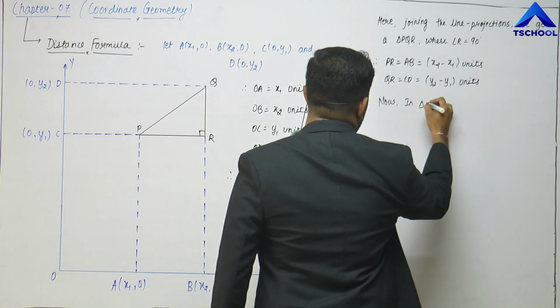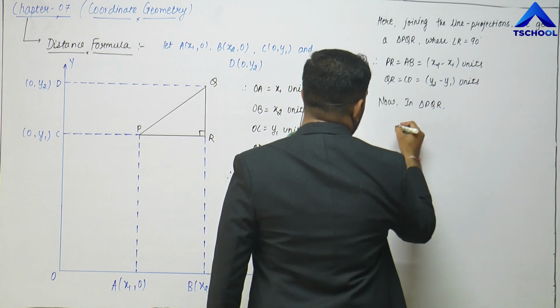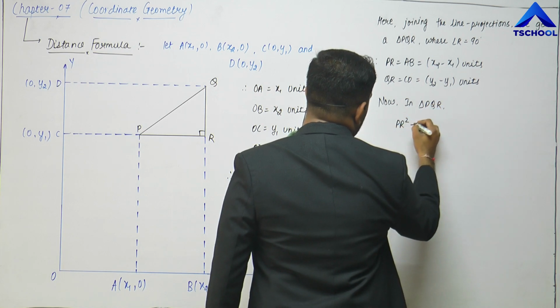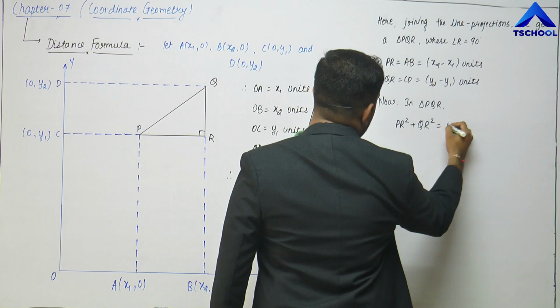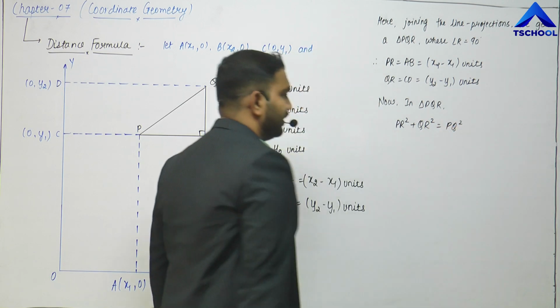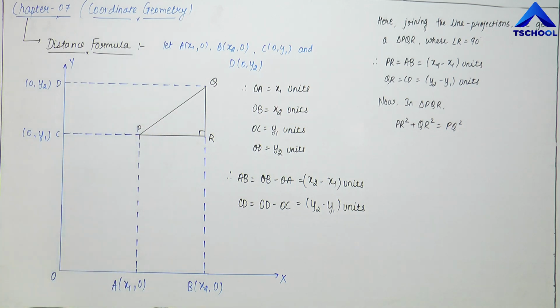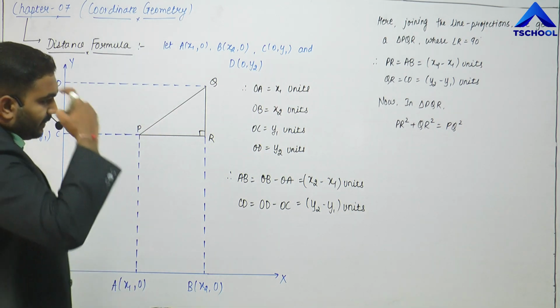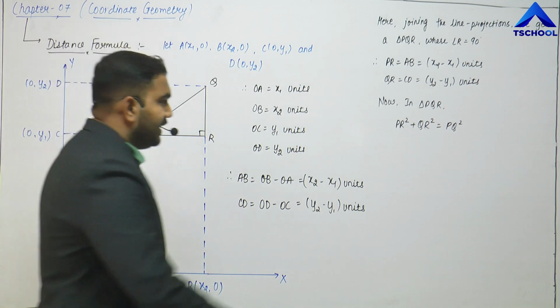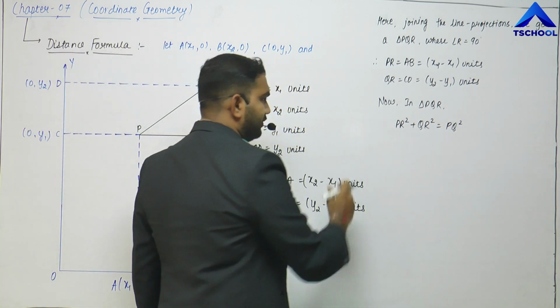In triangle PQR, PR square plus QR square is equal to PQ square, right? So we will get the shortest distance between P and Q, where PR and QR are already given. Yes or no?